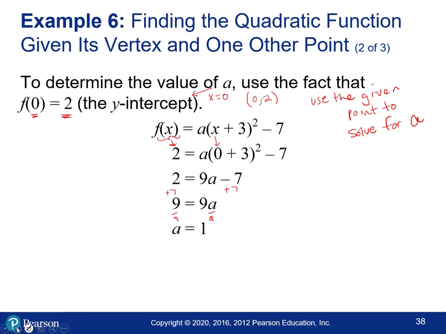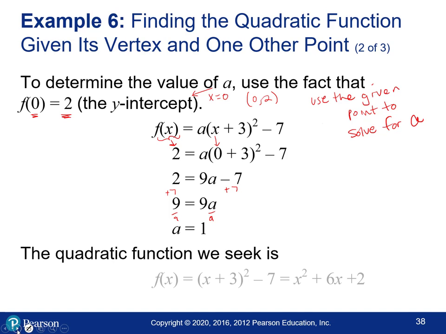That is the last thing we needed to write our function. You can put the invisible 1 here if you'd like, but because it's invisible when it's 1, you don't really have to write it. So this is the answer, or you can expand it out. This is the final version of the answer, and just so you know how you get this version, it's just by FOILing this out. You would say x plus 3 times itself, and you would do the FOIL or box method for multiplying, and then you would subtract 7 from that.